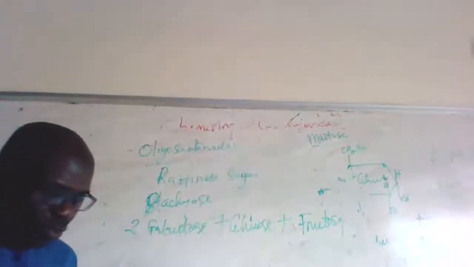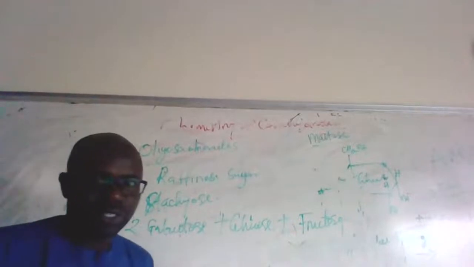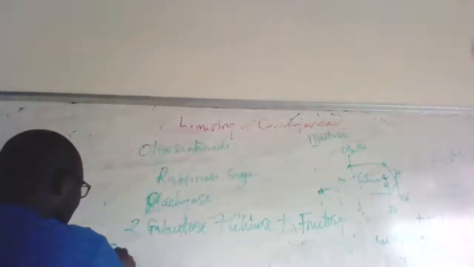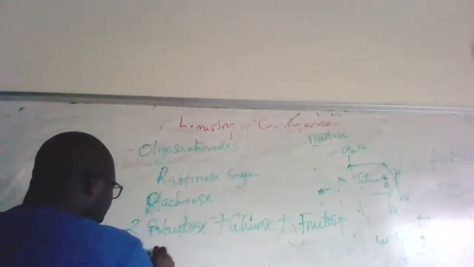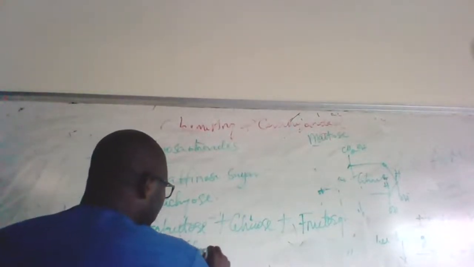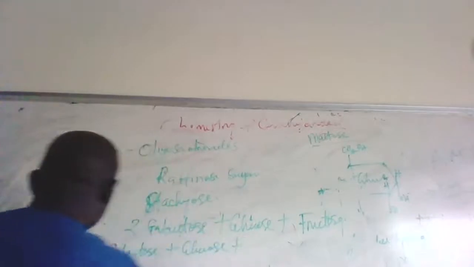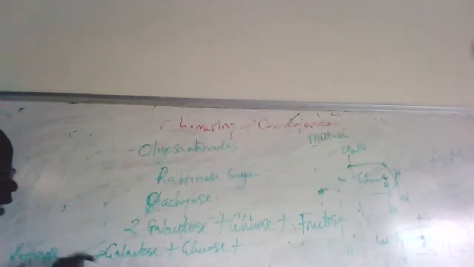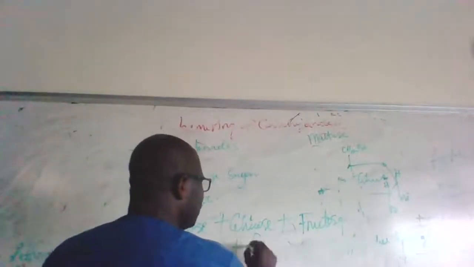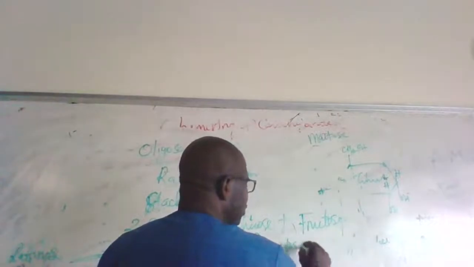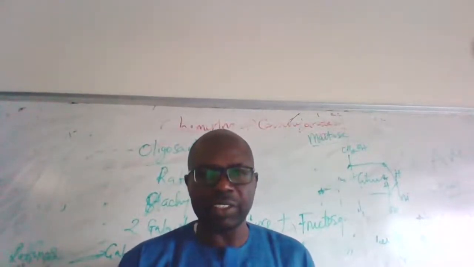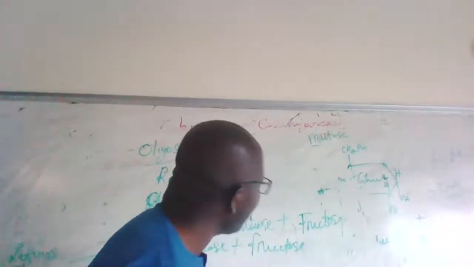Whereas raffinose is a combination of galactose plus glucose plus fructose. So all of these are classified as oligosaccharides.